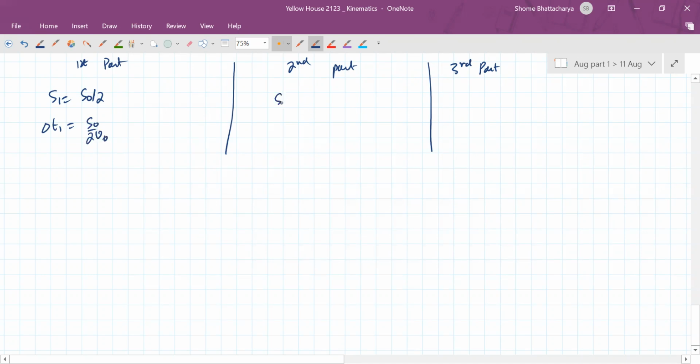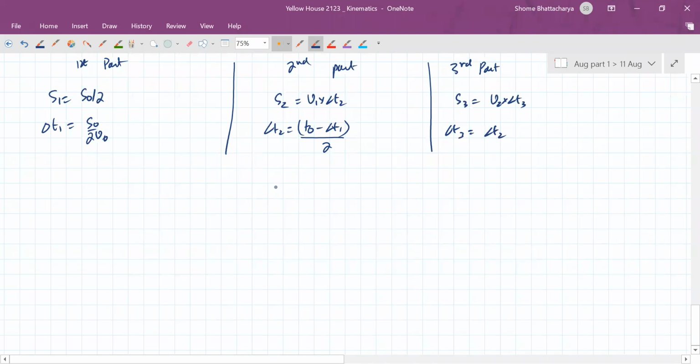The displacement in the second part we have to calculate, but the time is this. Because V1 into delta T2, V2 into delta T3, and delta T3 is equal to delta T. Oh, okay, just like this.